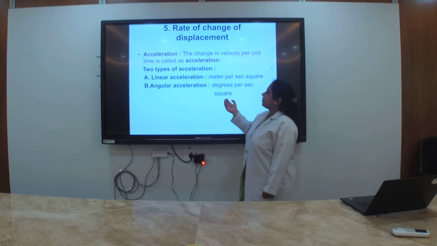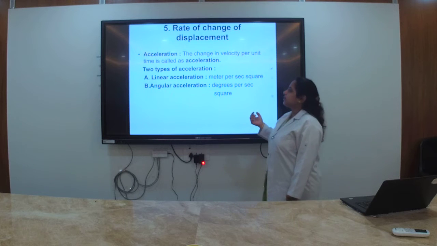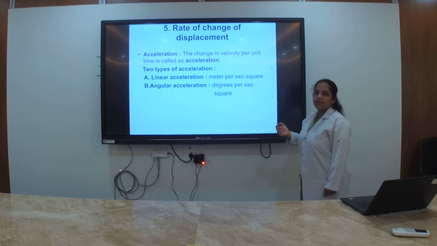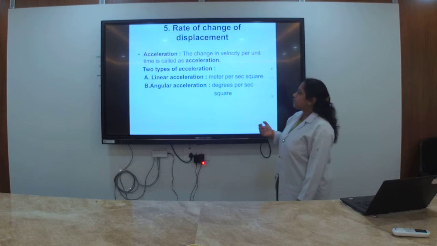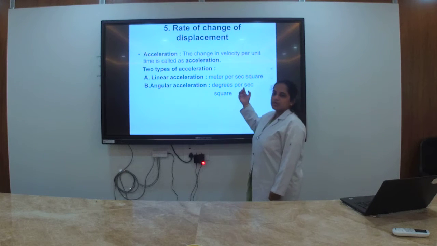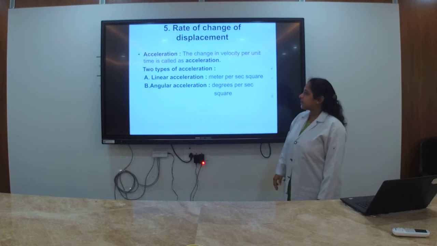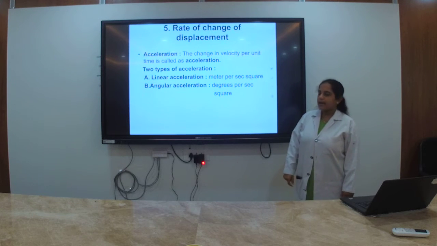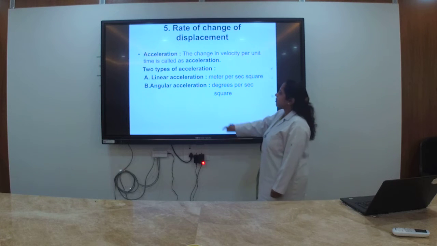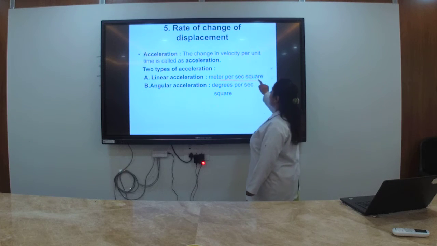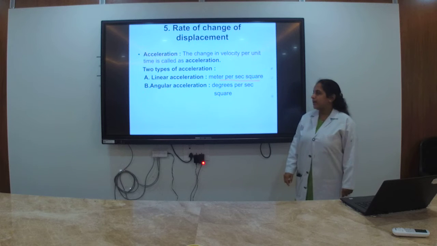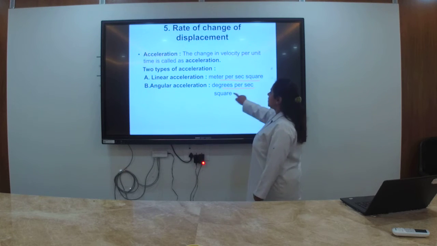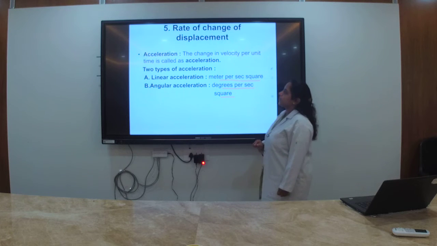Again, coming to the next terminology, that is acceleration. The change in velocity per unit time is called acceleration. So same as velocity, acceleration is also of two types, that is linear and angular. The linear acceleration is expressed in meters per second square, while the angular acceleration is expressed in degrees per second square.